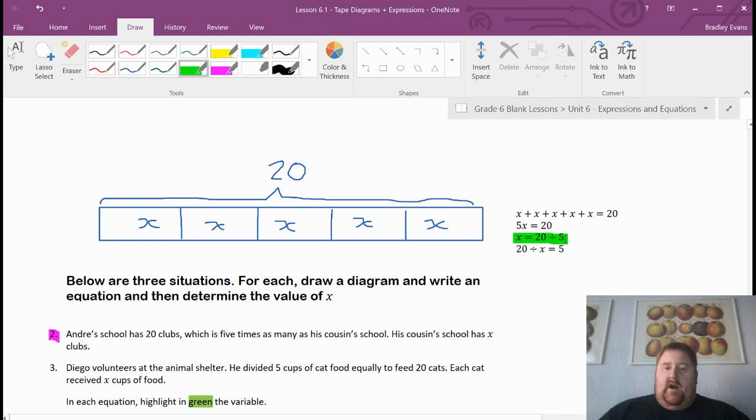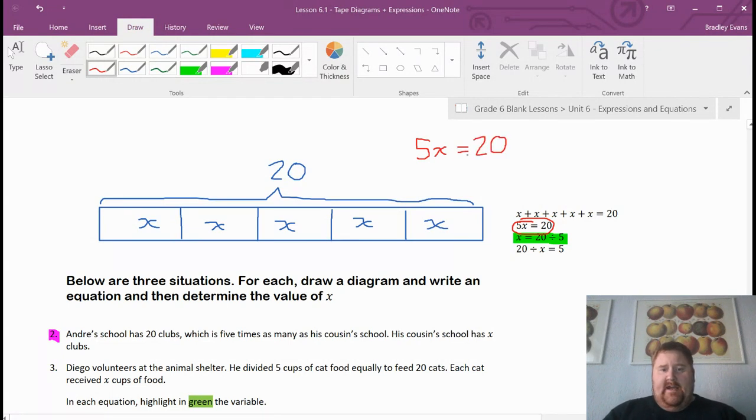If you didn't write an equation with x by itself, you would need to isolate that x. You'll need to get it by itself. So maybe, for example, you wrote 5x equals 20. 5 is the coefficient, x is our variable, and it's going to equal 20.